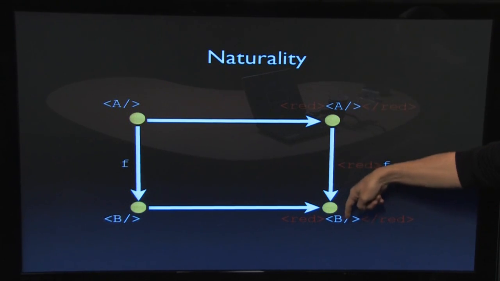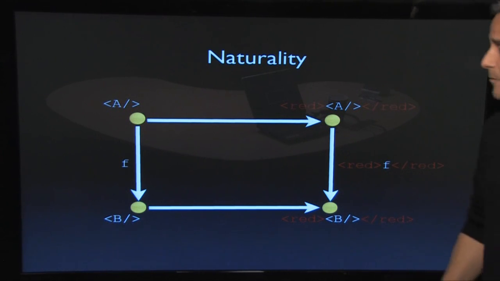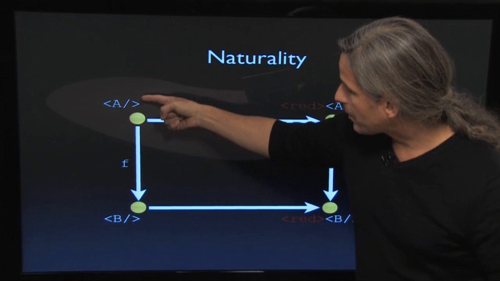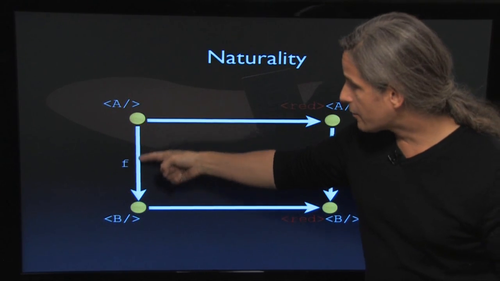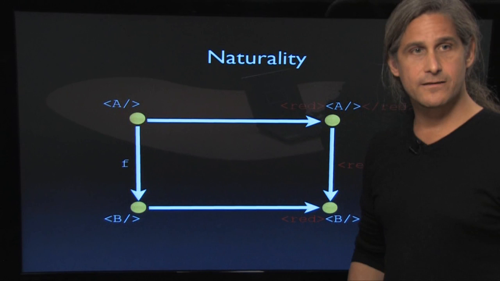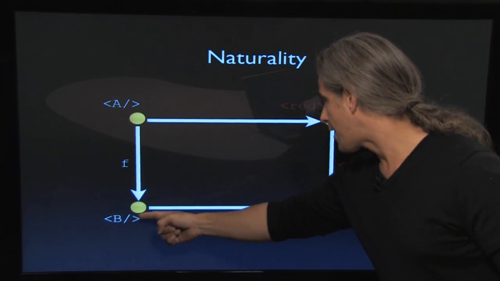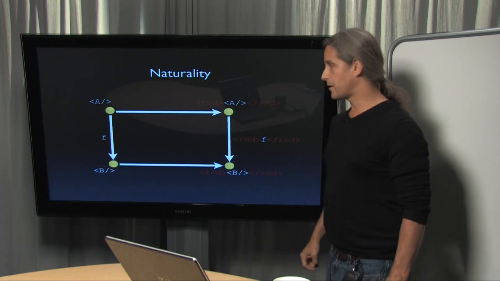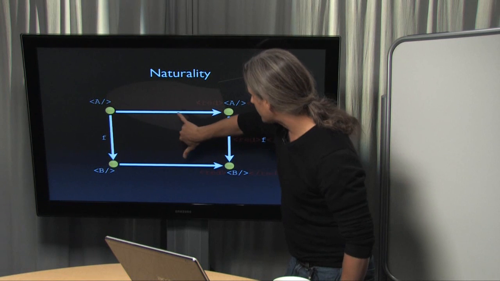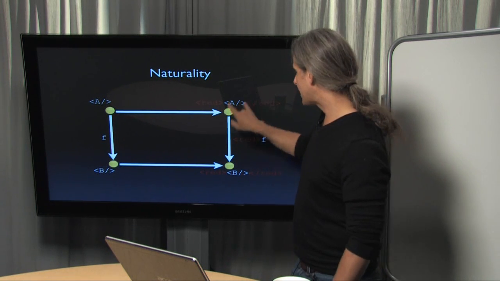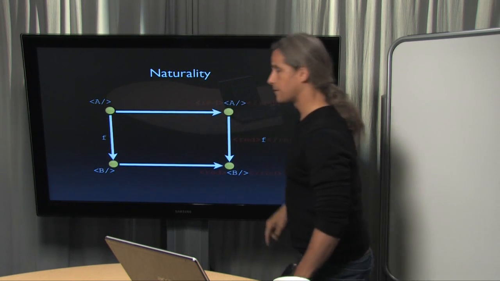That'll get me to a red B. So if I run around this way, it's the same as if first I took my A content, turned it into my B content using my F transform, and then I made that red, by using this one of the family of arrows that comes for making things red. So going either direction has got to be the same.